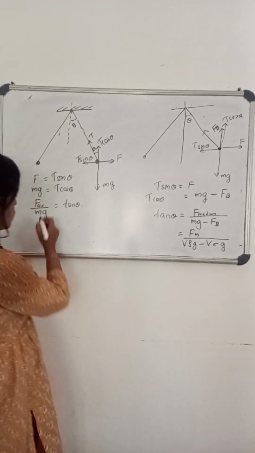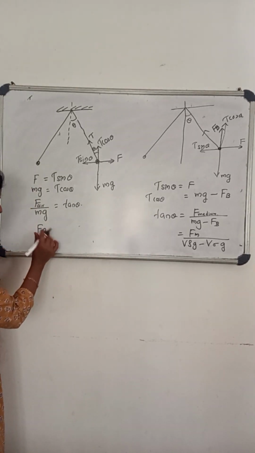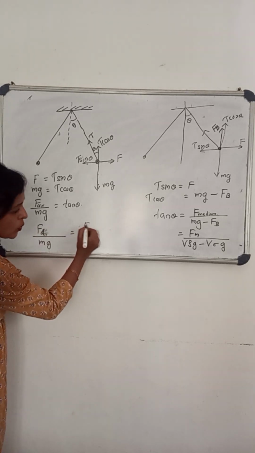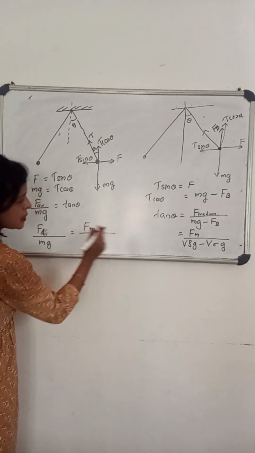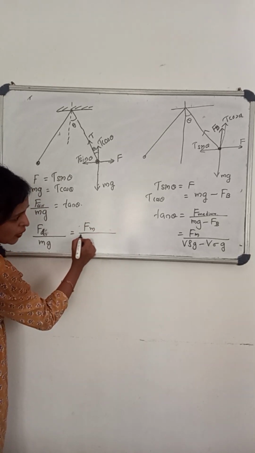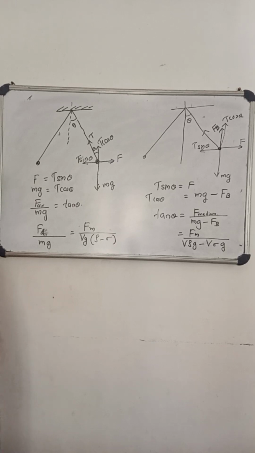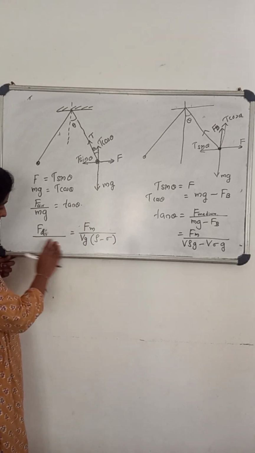So both are the same. So we can write F air divided by mg equal to F medium, that is liquid, divided by V into rho minus sigma g. Then bring the mg to this side.